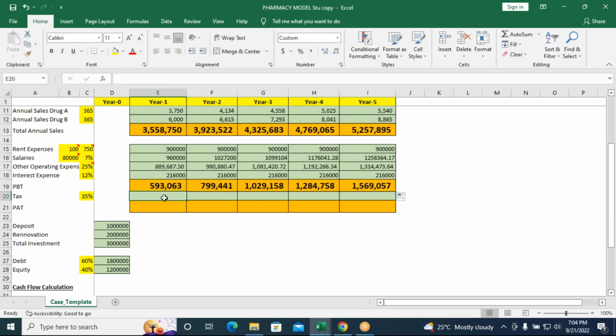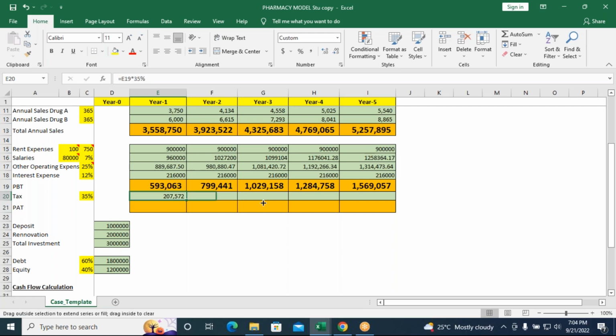Now tax. They are telling that tax is 35%, but on what should I calculate? Profits, ma'am. Very good. So profit, that is PBT into 35%.